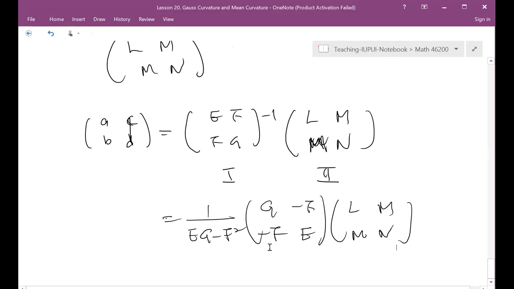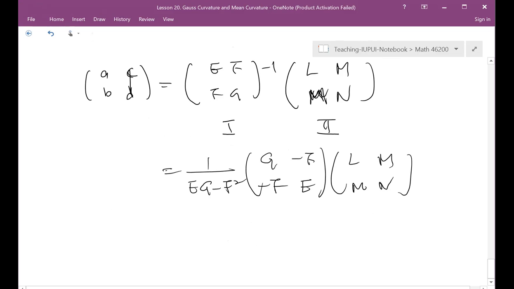So yeah, differential geometry requires linear algebra. If you're using linear algebra, let's do the computation very quickly.